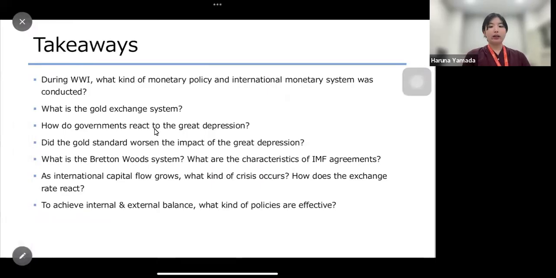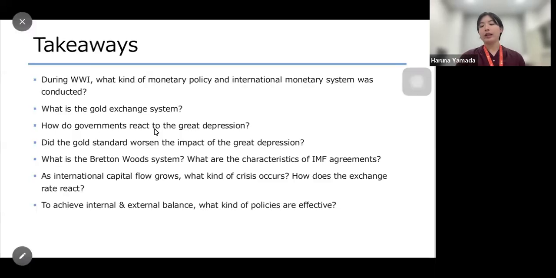So this is the end of the lecture. So far we covered what kind of monetary policy and international monetary system was conducted during World War I. During World War I, the gold standard was stopped.